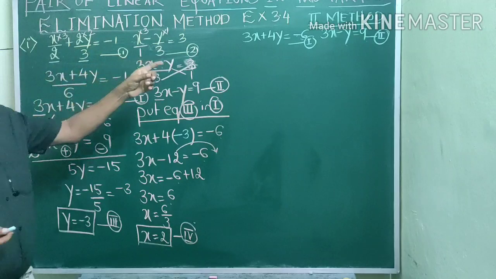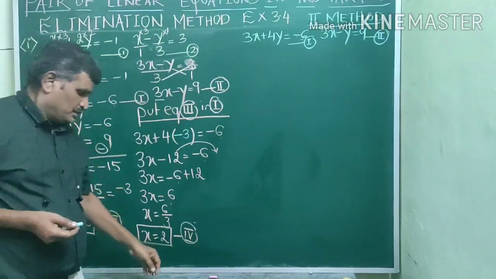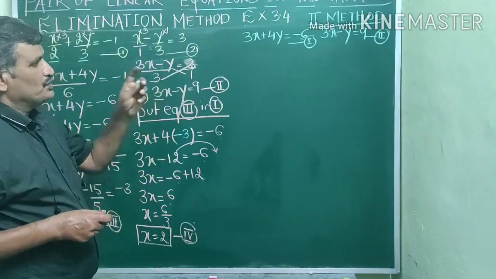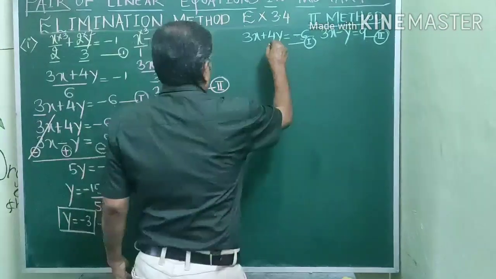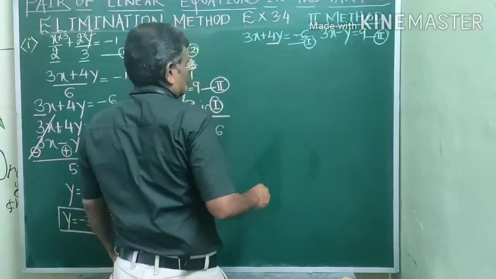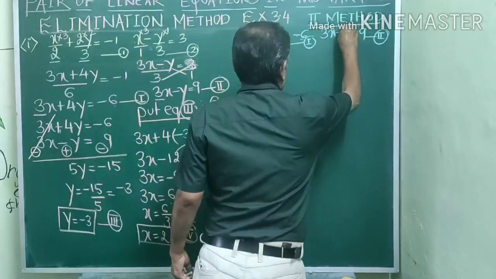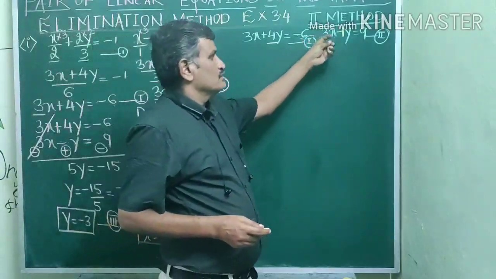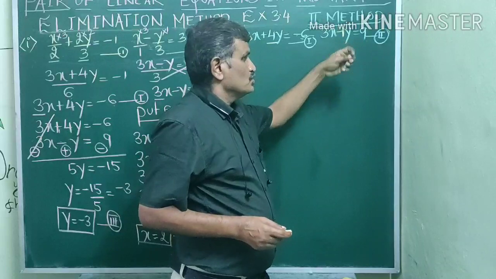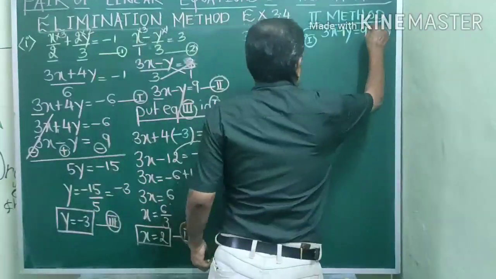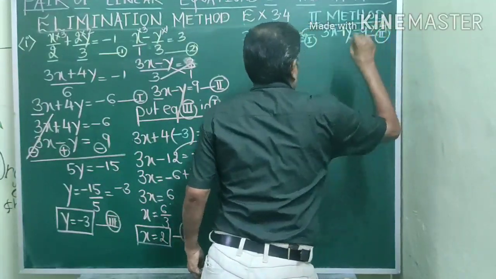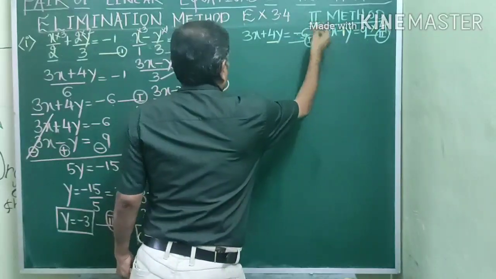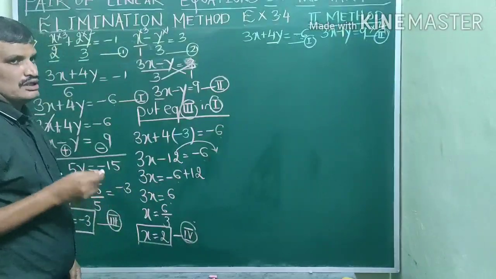In the second method I want to eliminate y. If I want to eliminate y, then I have to check the coefficient of y. The coefficient of y is 4 here, and the coefficient of y is 1 here. That means I need to make this 4. So for that purpose I have to multiply this equation by 4. Here I can multiply by 1, or I need not multiply anything, it doesn't matter.